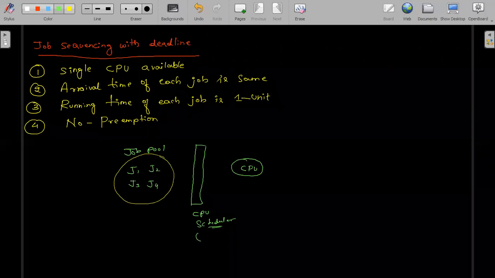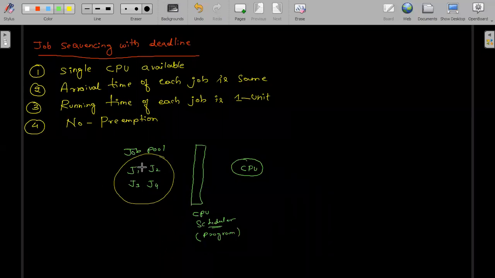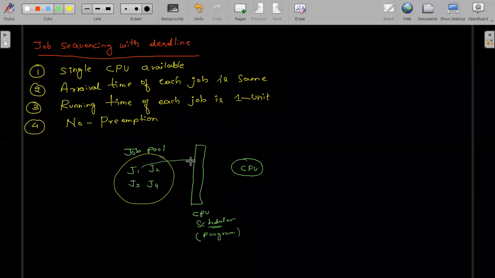Actually, it's a program. Clear? Now, please understand everybody, all the jobs will come here, all these jobs. And this CPU scheduler is going to decide which job has to go first.